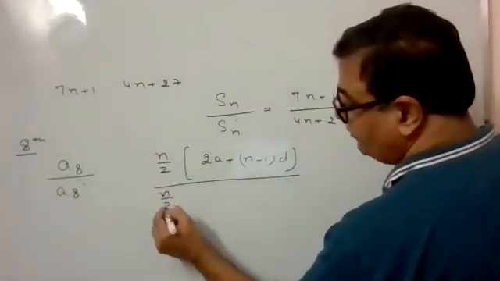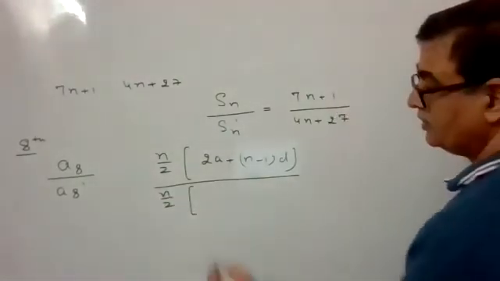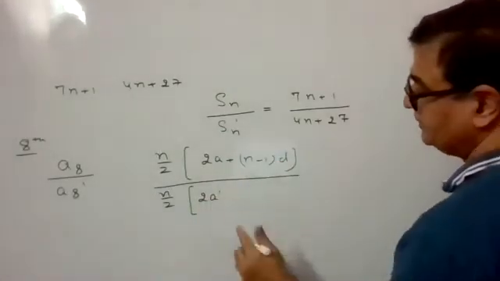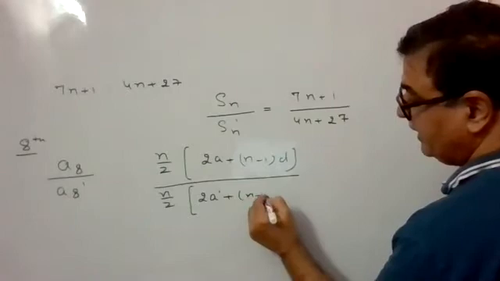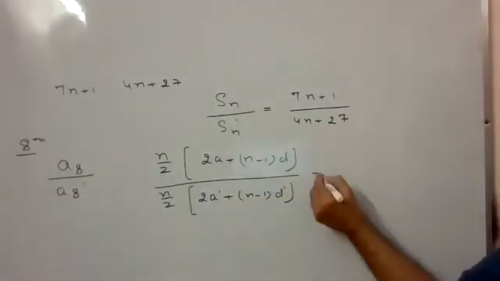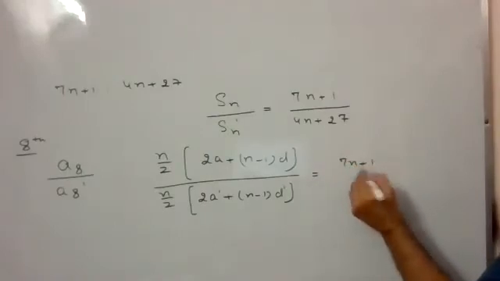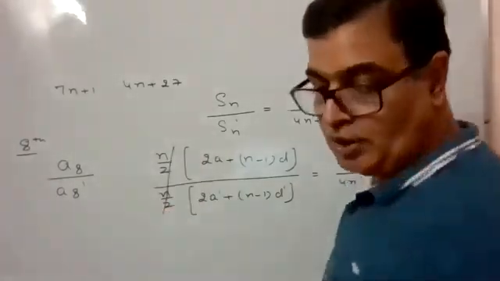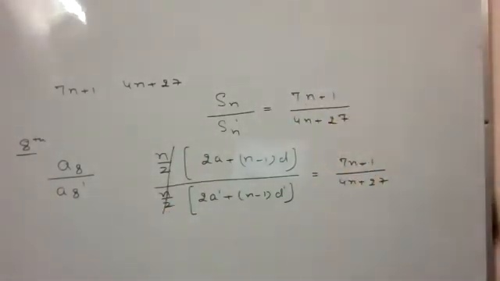Here I got n by 2 (2a dash plus (n minus 1) d dash). A dash is the first term of the second series. This comes out to be 7n plus 1 by 4n plus 27. This n by 2 gets cancelled out.